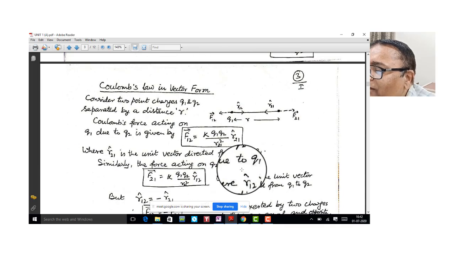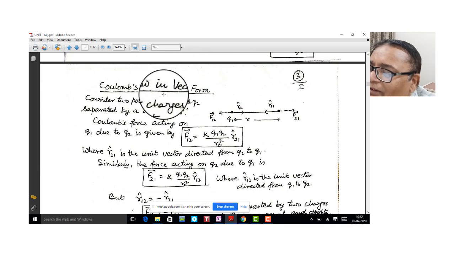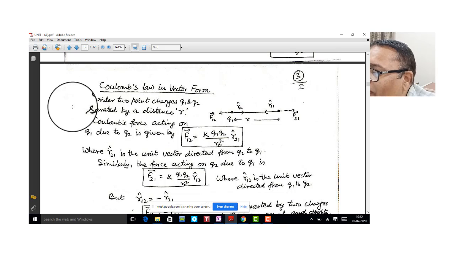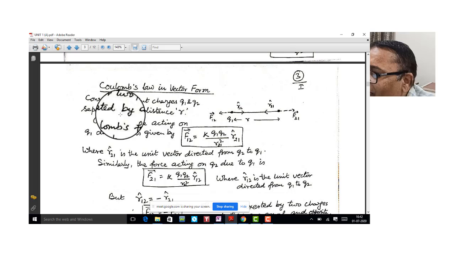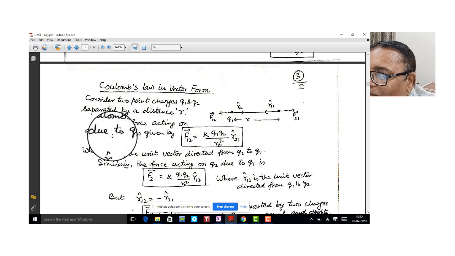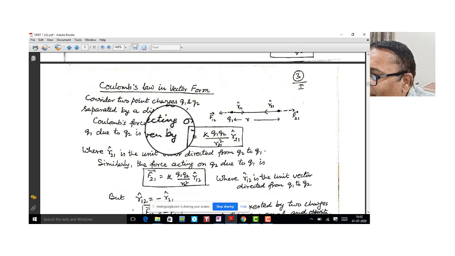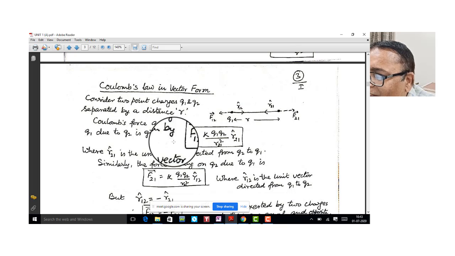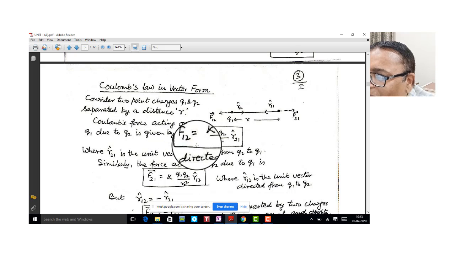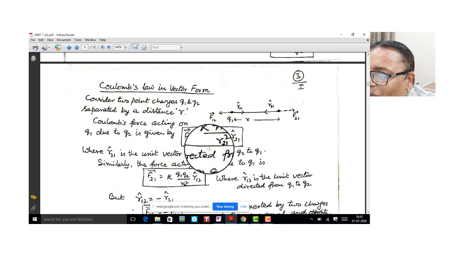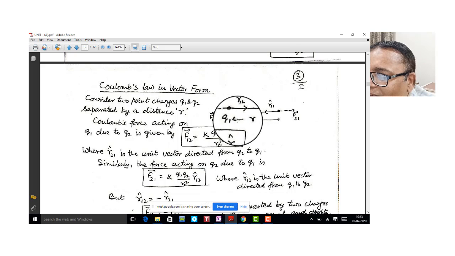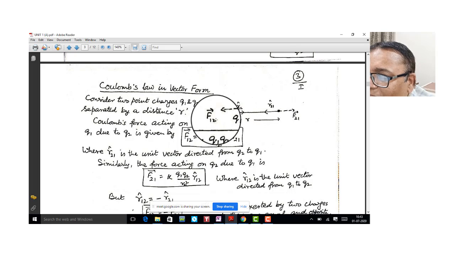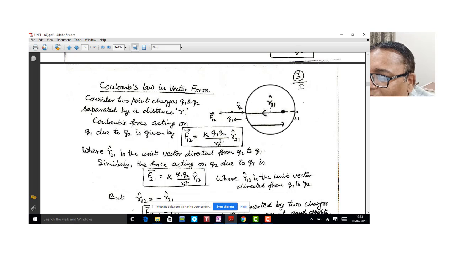For numerical purposes, Coulomb law in vector form. Consider 2 point charges Q1 and Q2 separated by a distance r. Coulomb force acting on Q1 due to Q2 is given by F12 is equal to K Q1 Q2 upon R21 square times R21 unit vector.